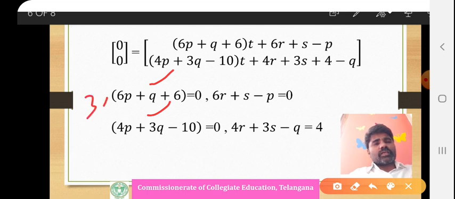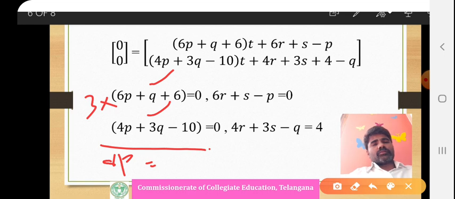Multiply this with 3 and subtract from this, so 3q will be cancelled. We are multiplying this with 3, 18p, 18 minus 4, 14p.